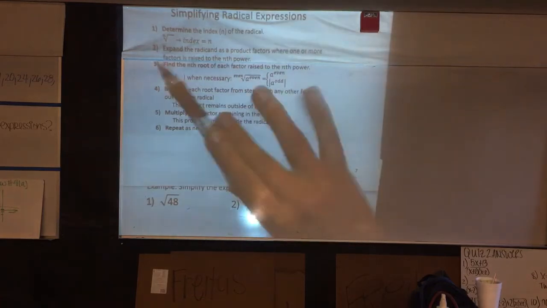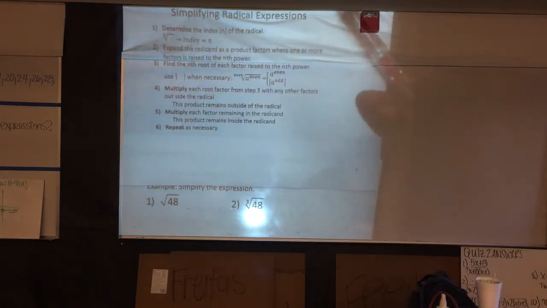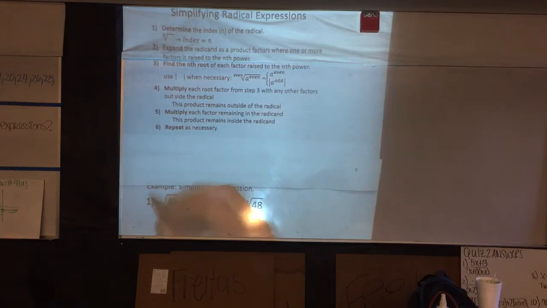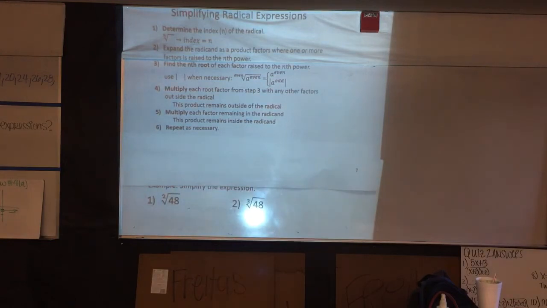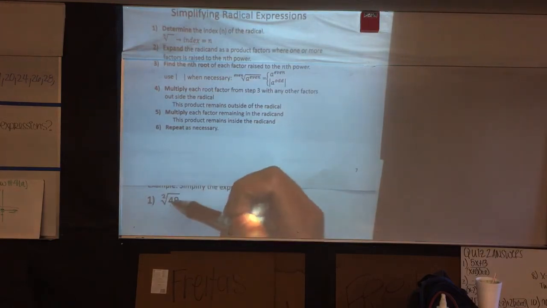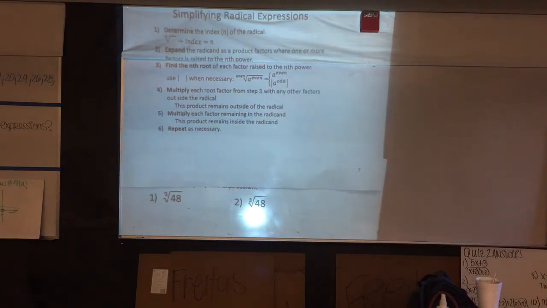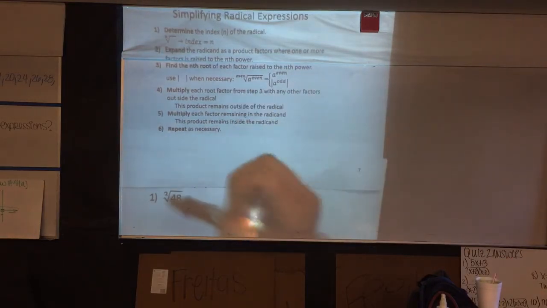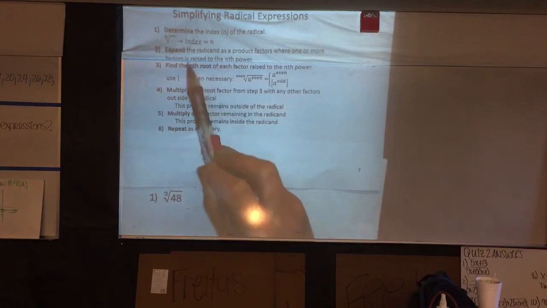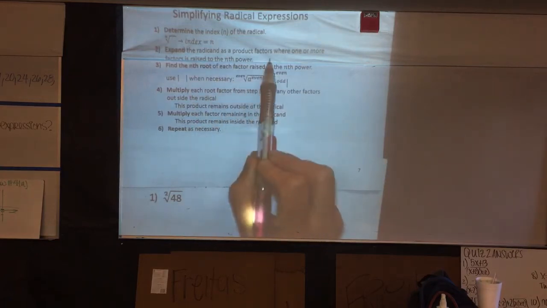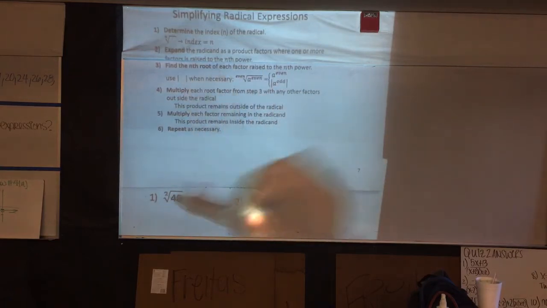The first thing we want to do is determine the index of the radical, and I informed you just a few moments ago that if it's missing, the index is 2. And that means I want to find something to the second power so that I could use that inverse property to remove it. So now that I know the index is 2, I want to expand the radicand as a product of factors where one or more factors is raised to the second power.